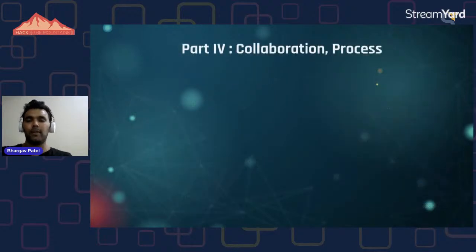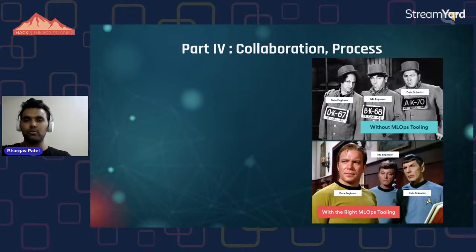The fourth one is collaboration and process. For those who know these three faces, it's a very old comedy series from the 1950s, where these three people live together, but somehow they end up spoiling each other's work.